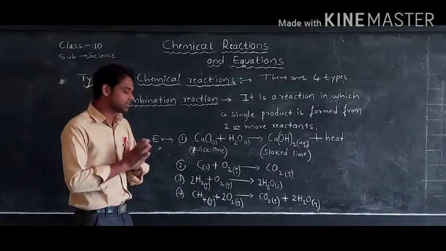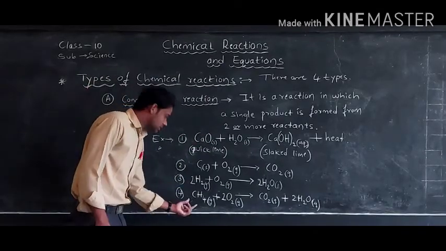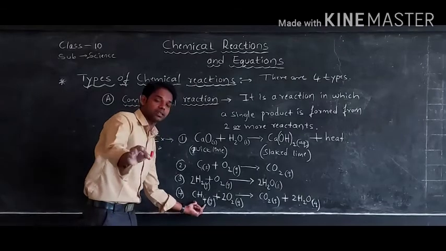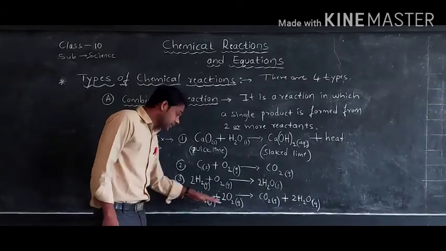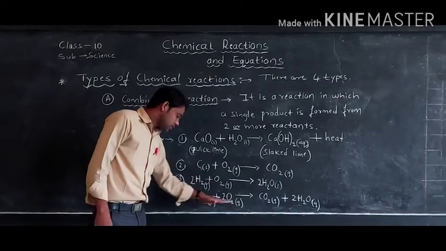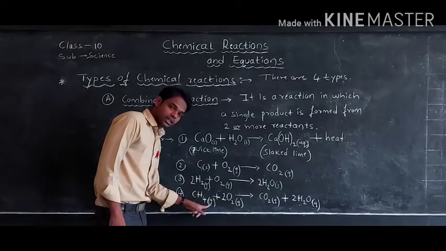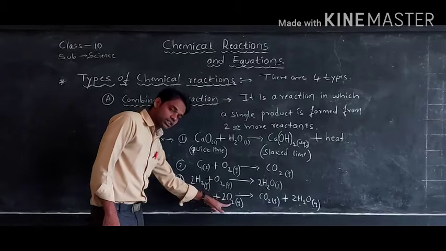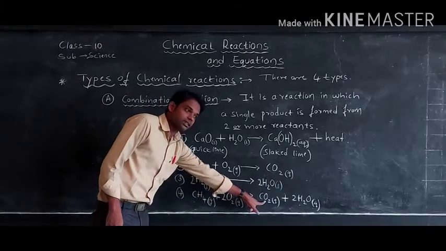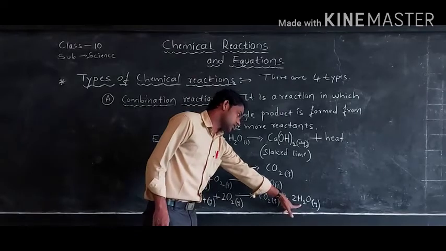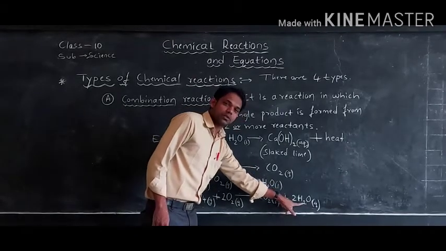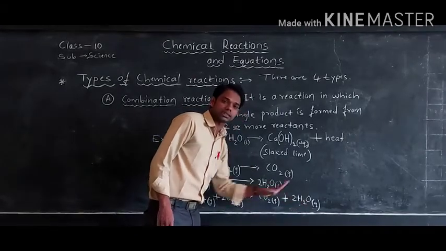Understood? Combination reaction. Fourth one, CH4 means methane. Methane we use in the cylinder gas. Methane, it is in the gaseous state. When it reacts with oxygen, it gives carbon dioxide and releases steam, that is water in the gaseous state.